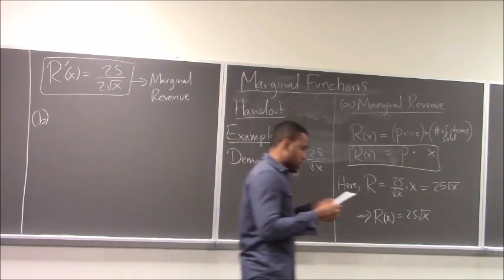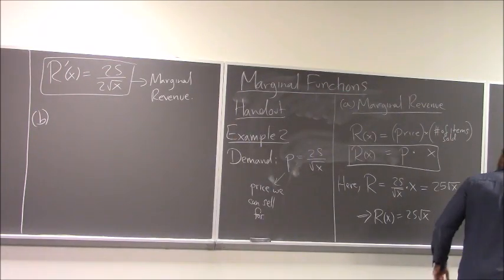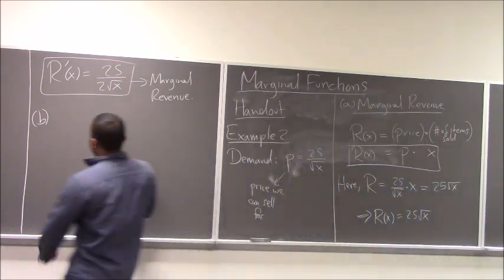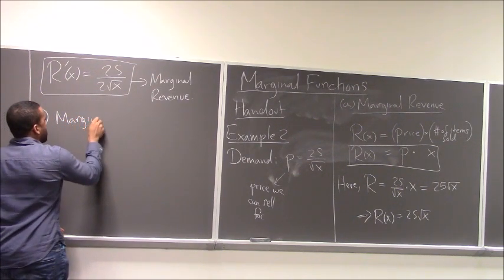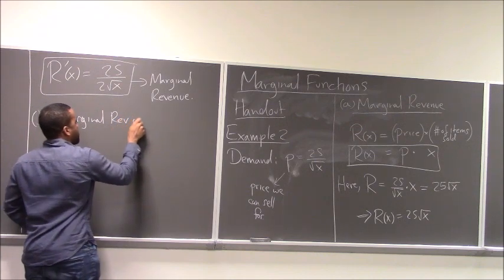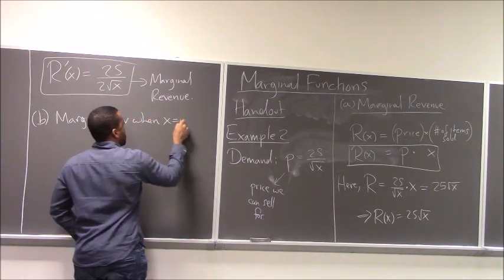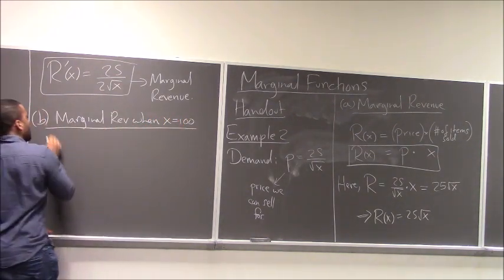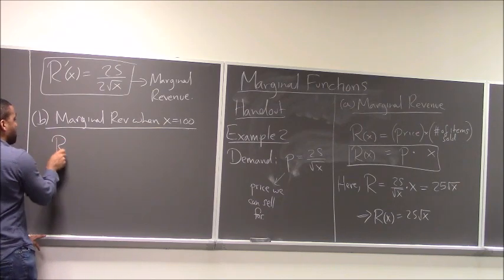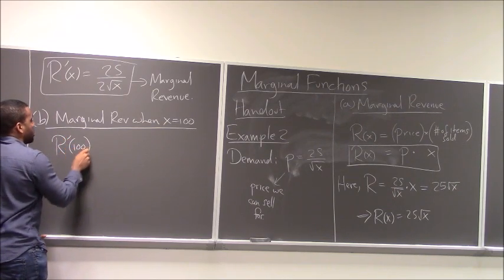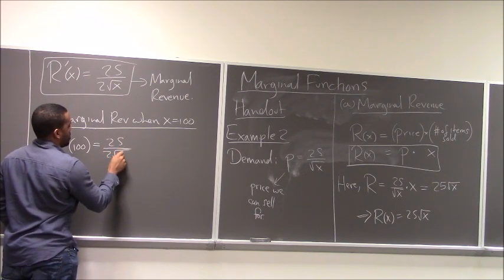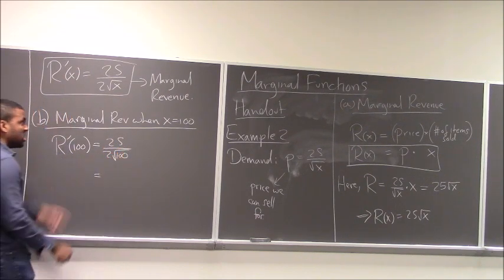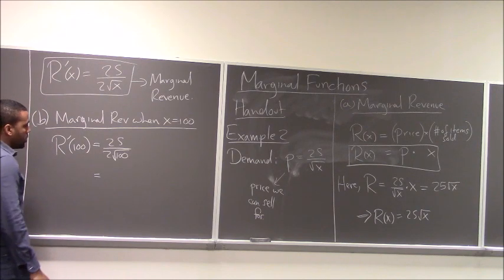What is the marginal revenue when X equals 100? So this is pretty much R prime at 100. It's 25 over 2 times radical 100. So we just plug it into our marginal revenue function.